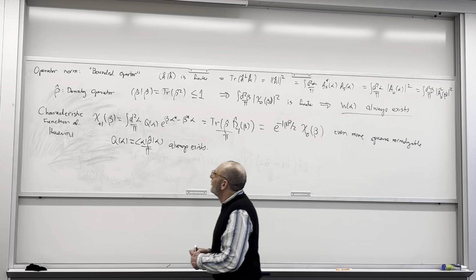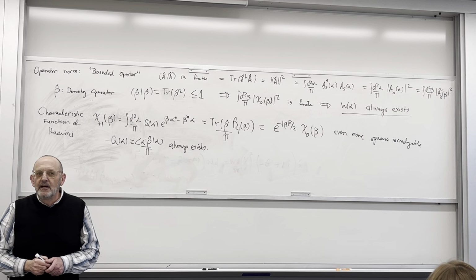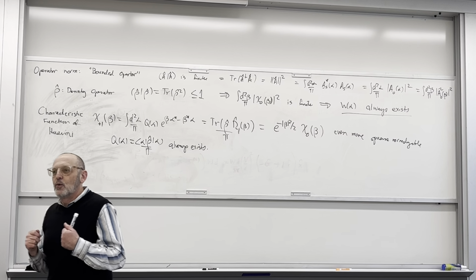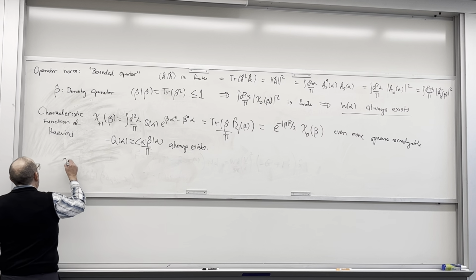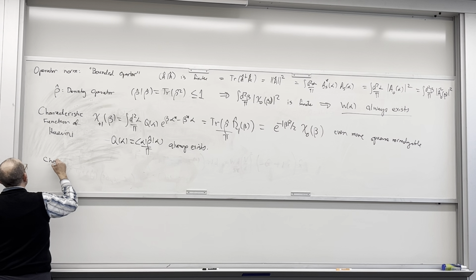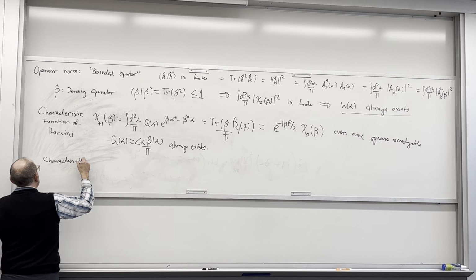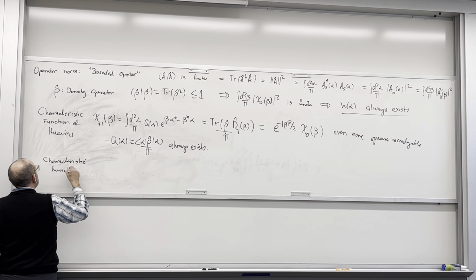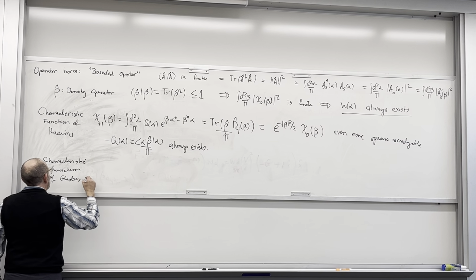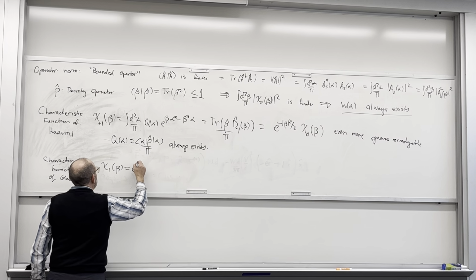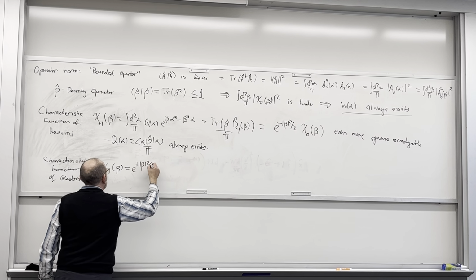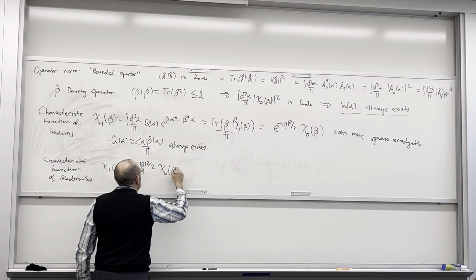Right? What about the P function? The P function is the anti-normally ordered representation of rho. And the characteristic function of Glauber, Sudarshan, is e to the plus beta squared over 2 times that.